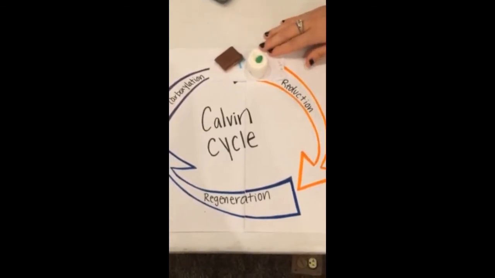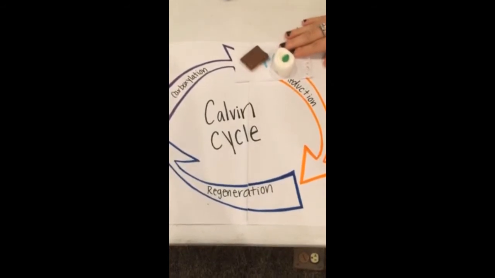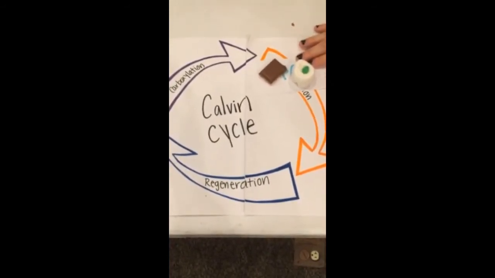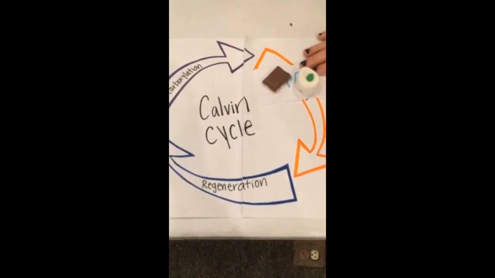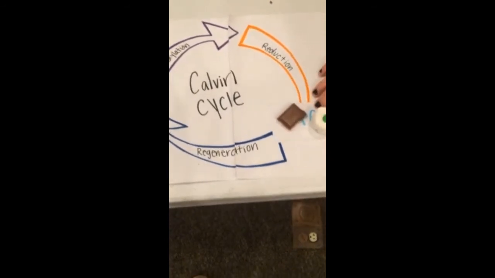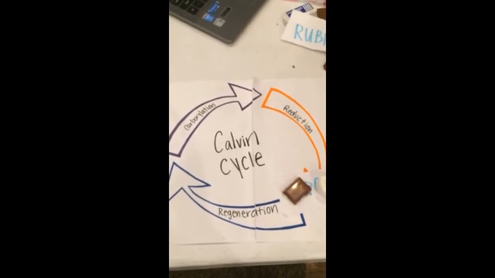The carbon compounds result in GAP and its isomer DHAP, which are known as triose phosphates. They are the products of the Calvin cycle, and some are exported into the cytoplasm. The last step of the Calvin cycle is regeneration.